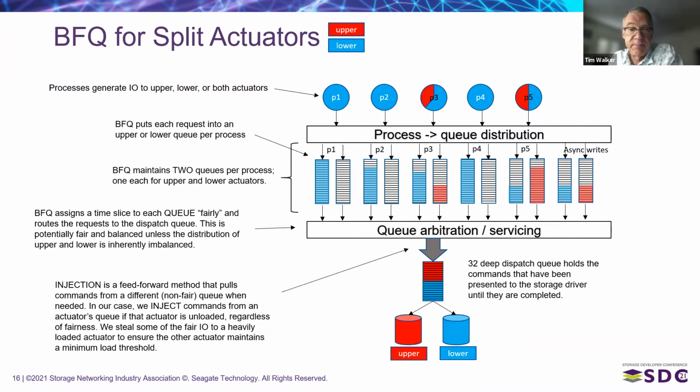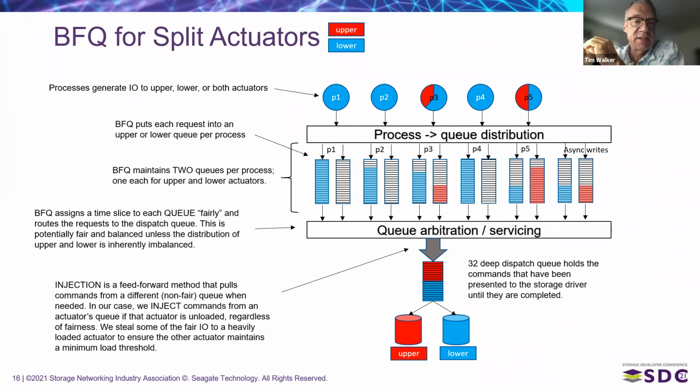So we like to keep the queue full for random, but what BFQ takes advantage of is the fact that we can. In the case where the queue is monopolized by a process that is generating a lot of IO, we can steal a few of those queue slots and assign them to the other actuator.